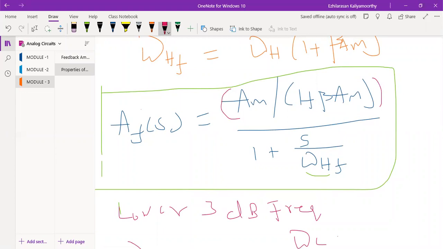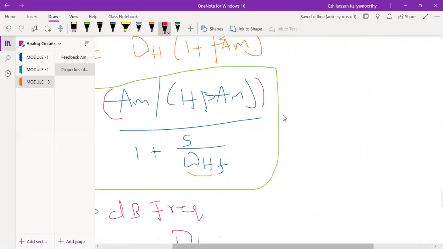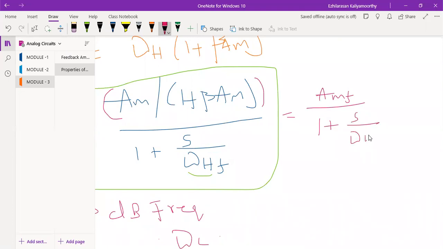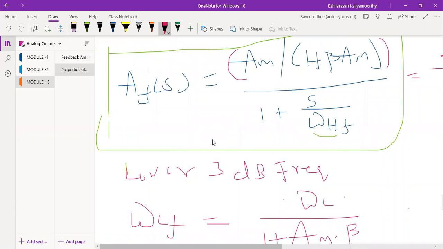So let me write this expression as AMF divided by 1 plus S divided by omega HF. Simply you can write this expression where AMF is nothing but AM by 1 plus beta into AM. So this is nothing but the bandwidth extension.